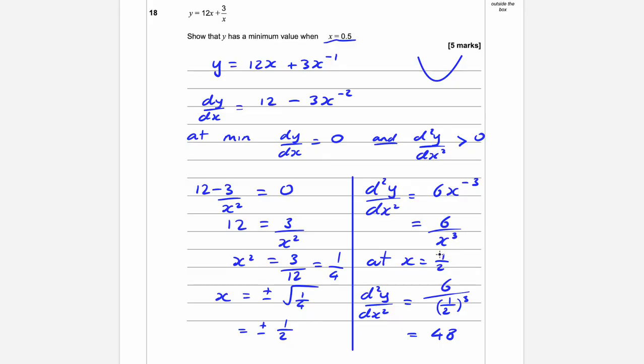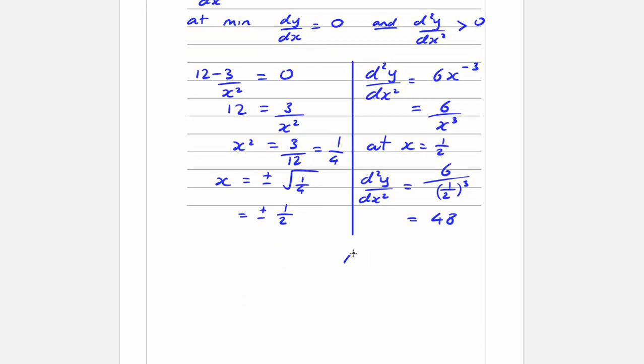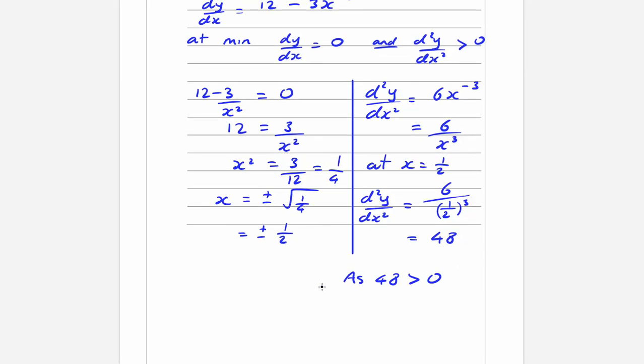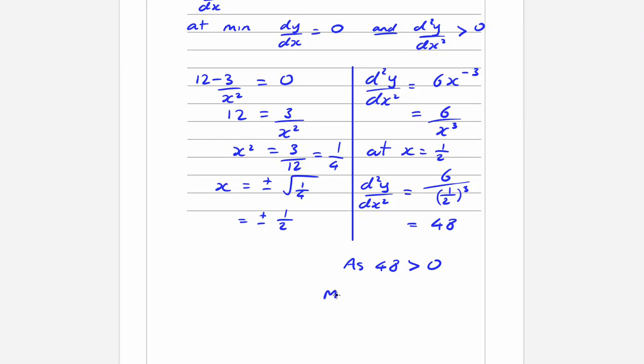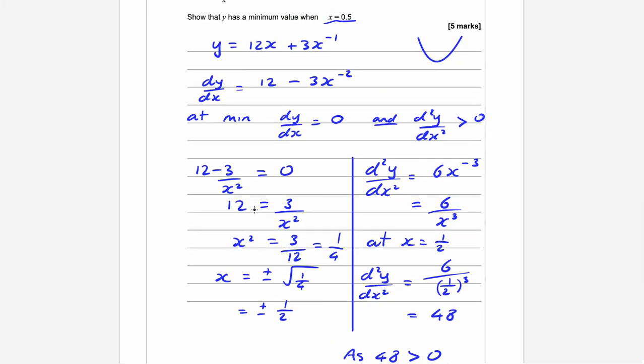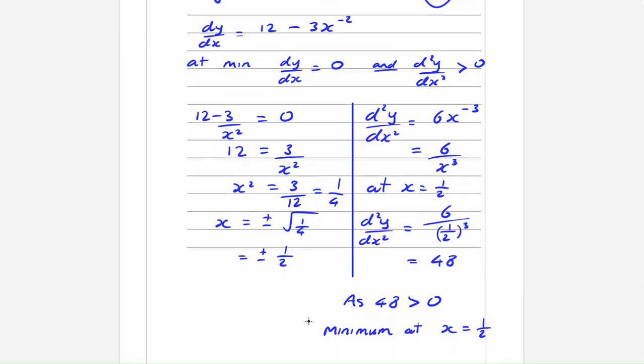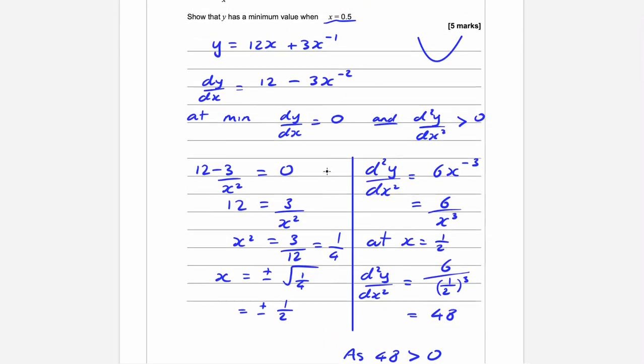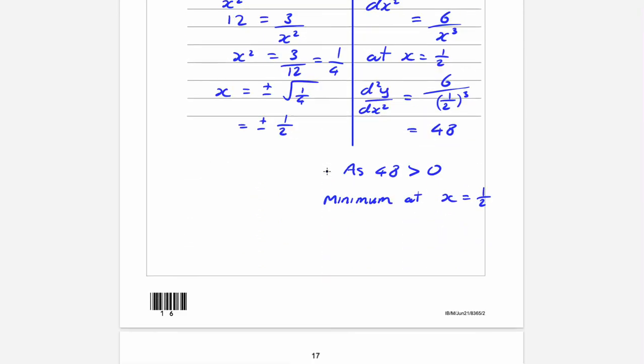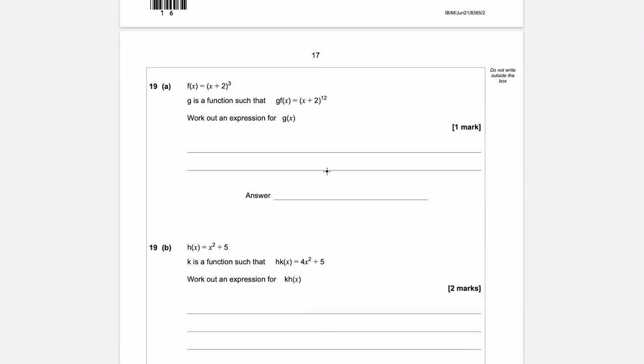So you can then say, as 48 is greater than 0, minimum at x equals a half. And we don't even need to show what's happening at the negative half, because he never asked us. We just need to show that it is a minimum when x is a half. Okay, question 19a.